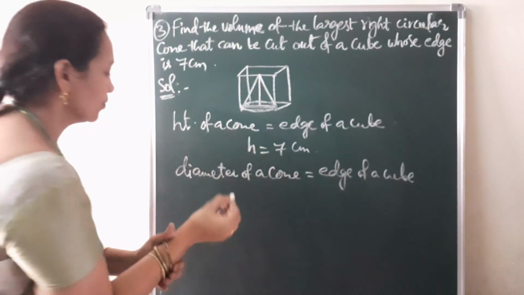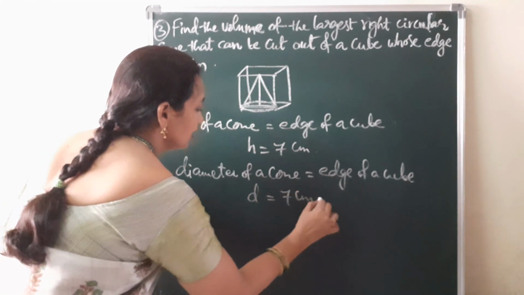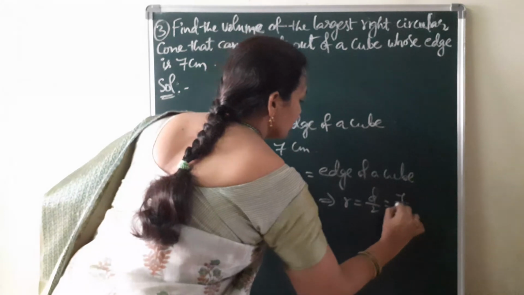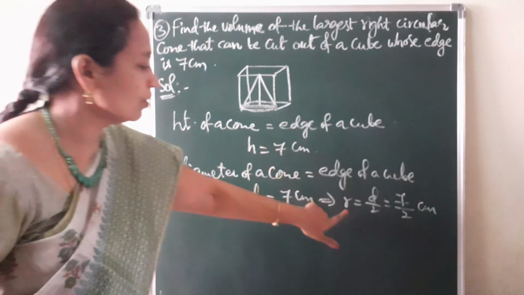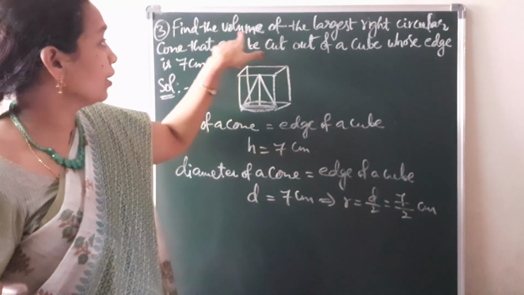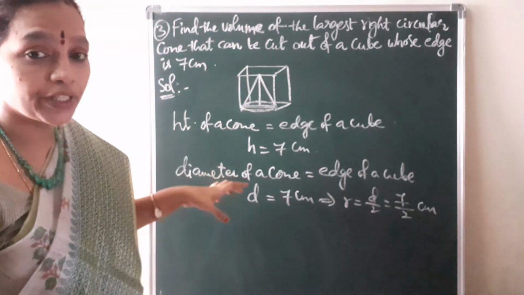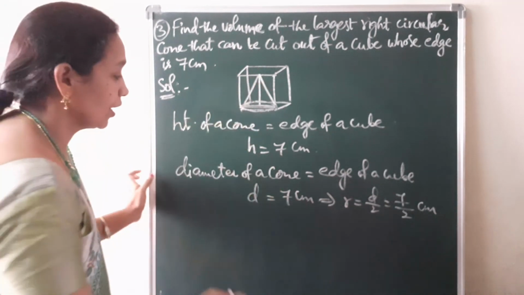So diameter D is 7 centimeters, implies radius is equal to D by 2, which is nothing but 7 by 2 centimeters. So as we have h and r of the cone, we can find out the volume of the cone. What is the maximum possible cone that can be carved out from a cube, whose volume we can find out.